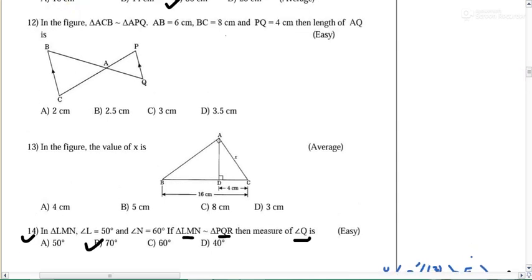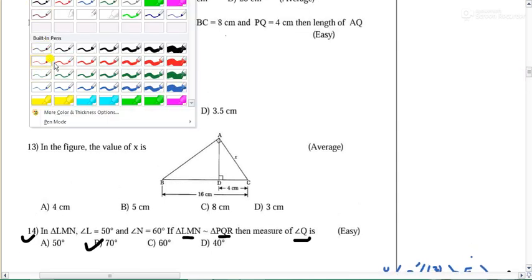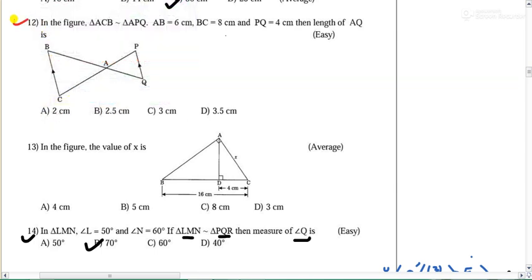Okay, see, here two figures are given. In this figure, this is triangle ACB. Can you see it? Triangle ACB is similar to triangle APQ. They are giving this themselves.